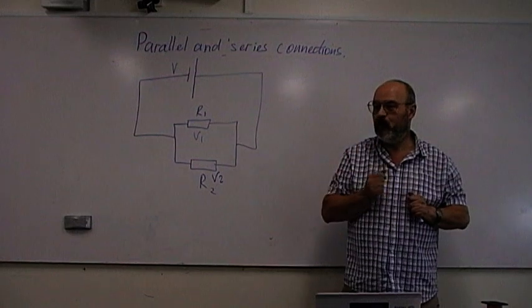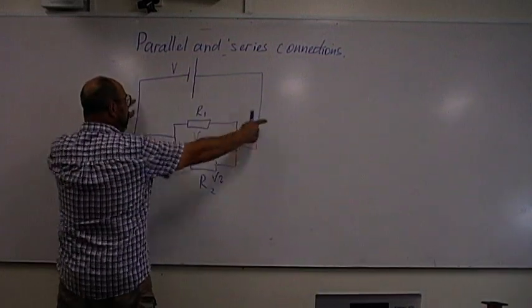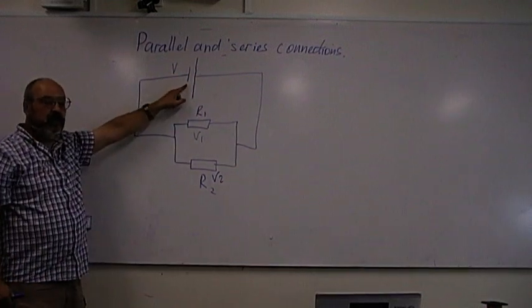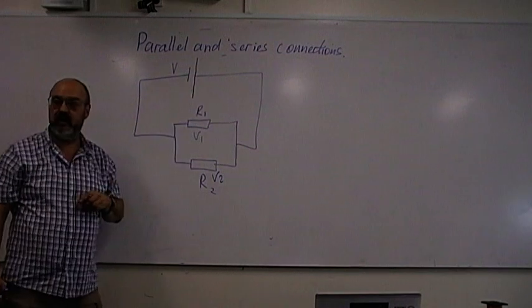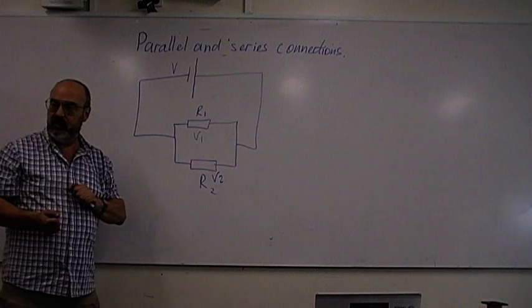Half? Can you see this resistor has one end connected to the negative terminal and the other end connected to the positive? So all the voltage will be across R1.